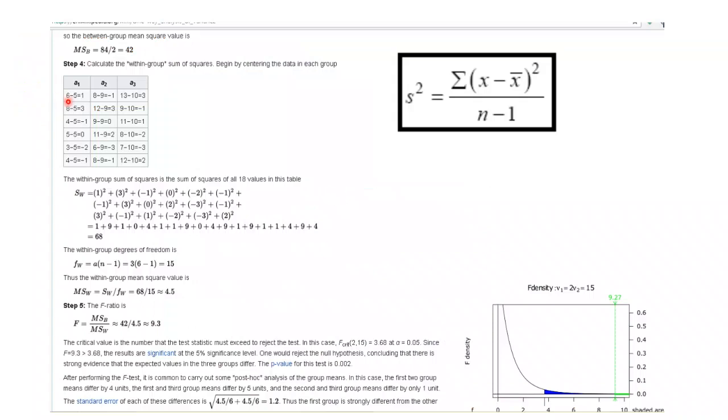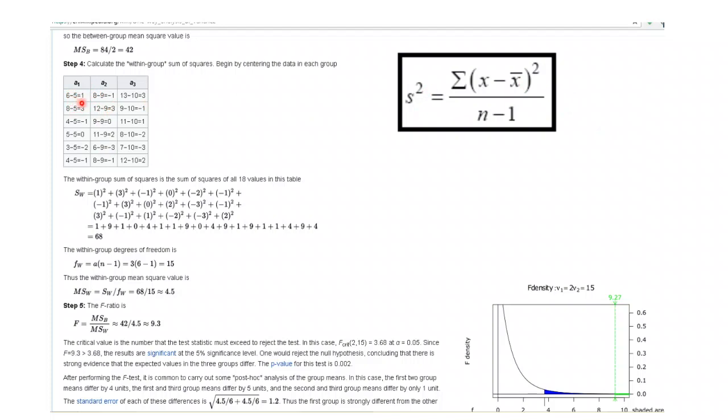In the same way, that is x minus x bar. Now, this 6 is x or say y, and 5 is the y bar or x bar. Over here, we labeled these entries as y instead of x.